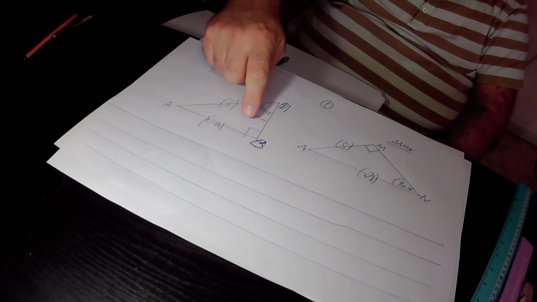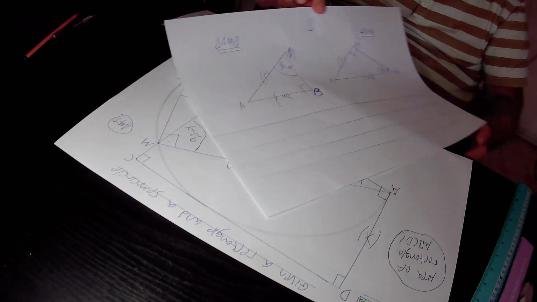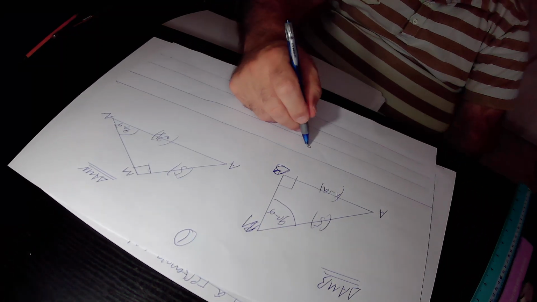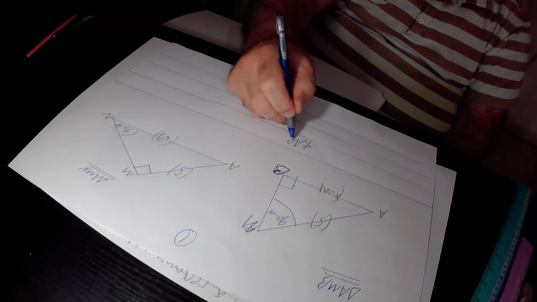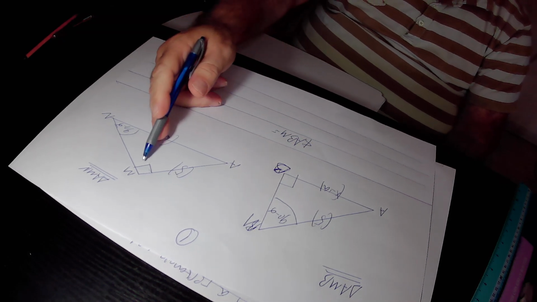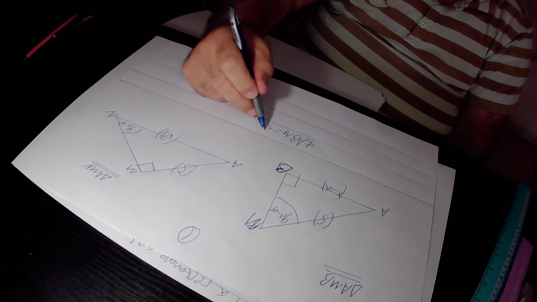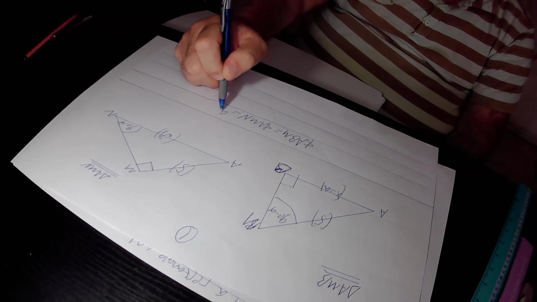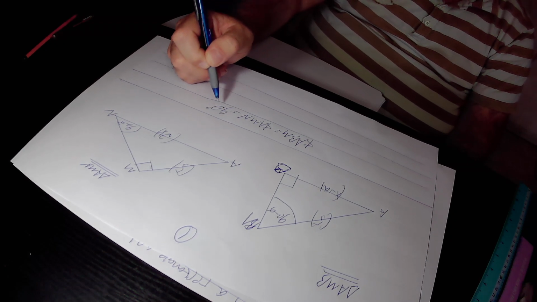So actually this is angle ABM in the right triangle AMB, and it is equal to this angle, that is actually angle AMN in the right triangle AMN. They are both equal to 90 degrees and therefore they are equal to each other.